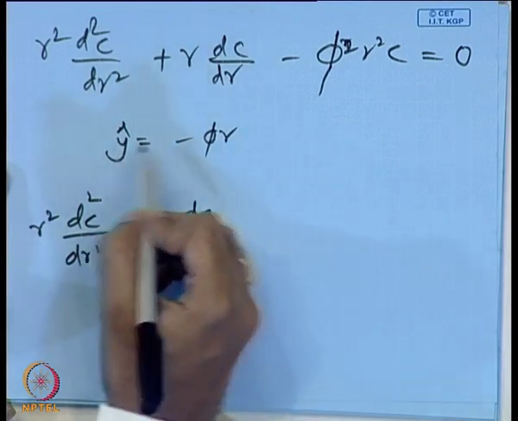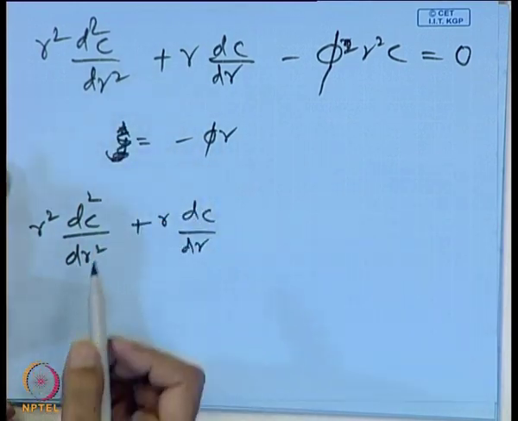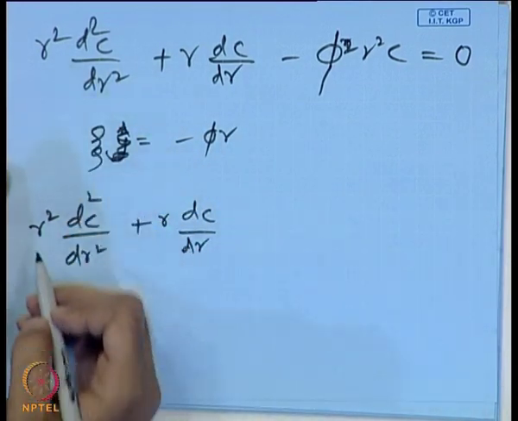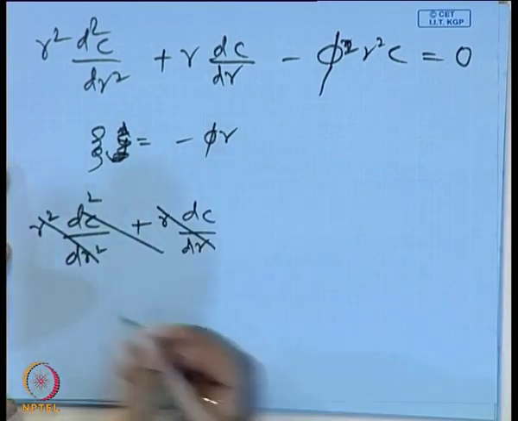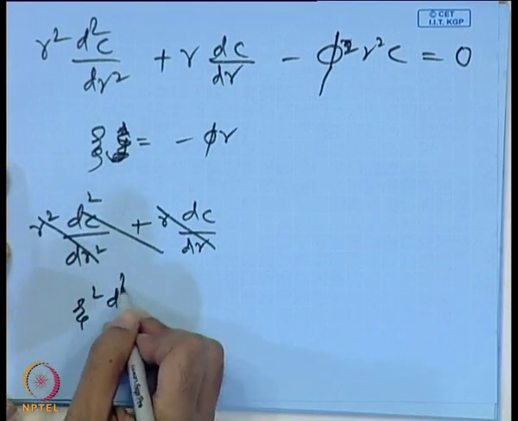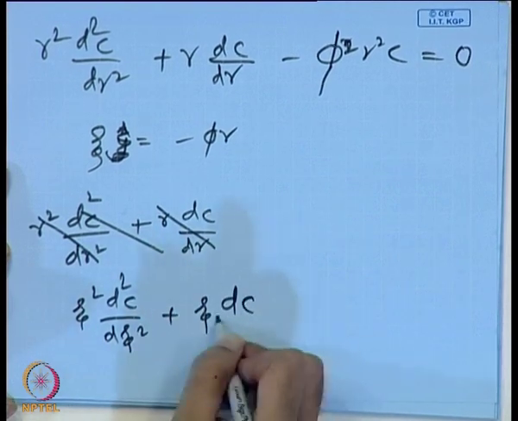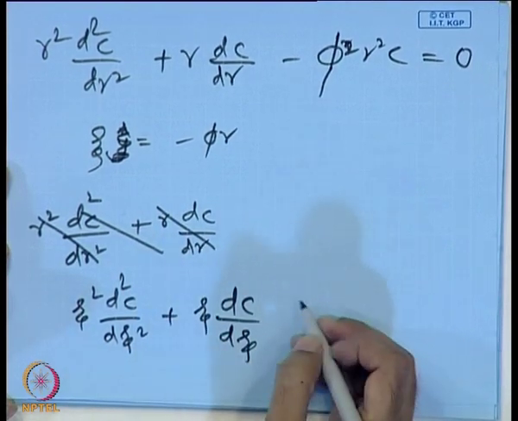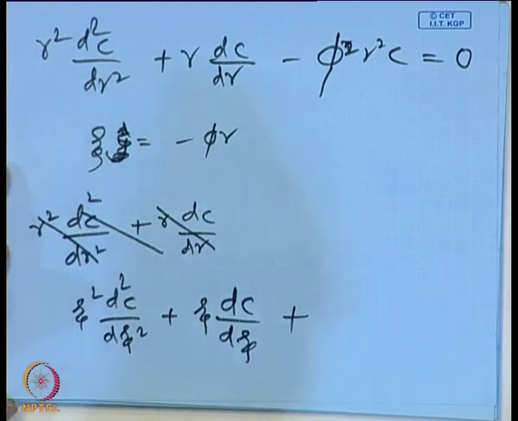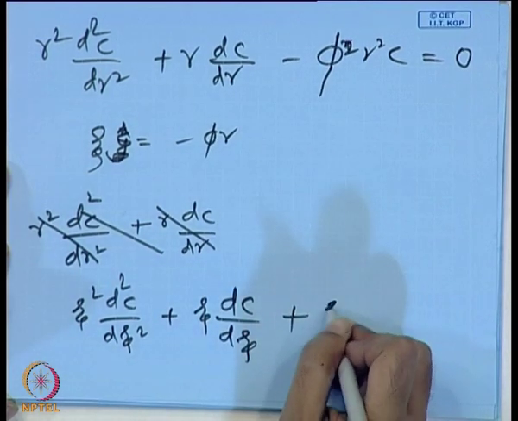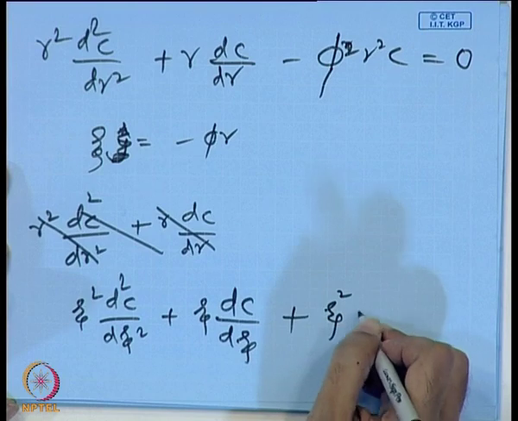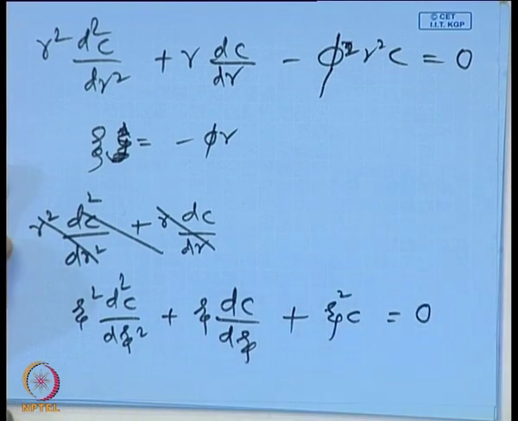Let us call this not y hat, let us call this psi, just for simplicity. Then your psi squared d²c/dpsi² plus psi dc/dpsi plus psi squared c equals 0.